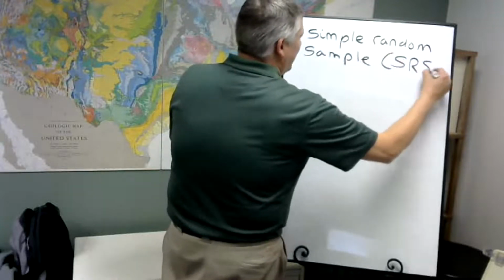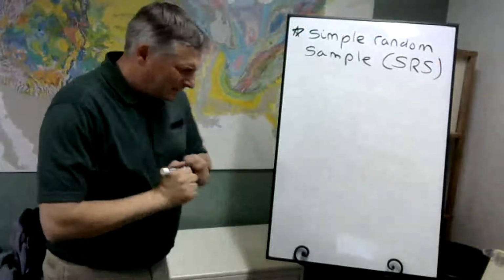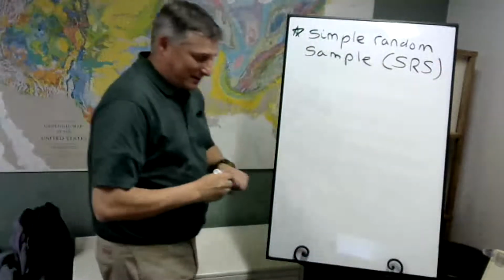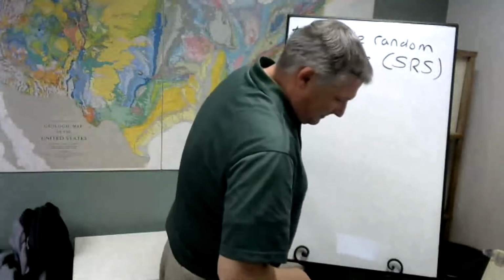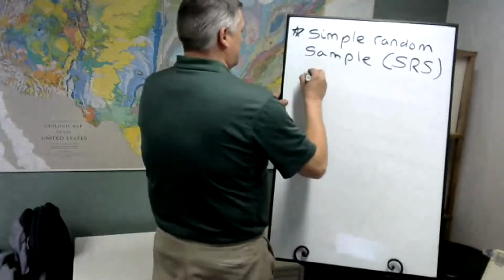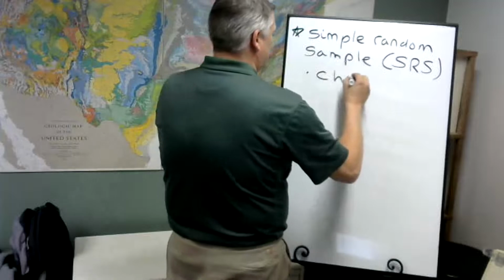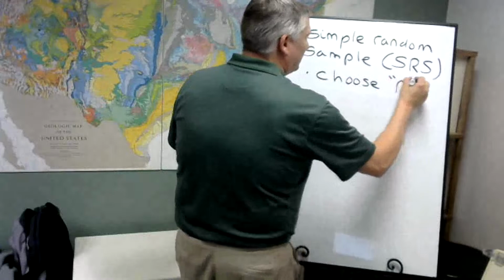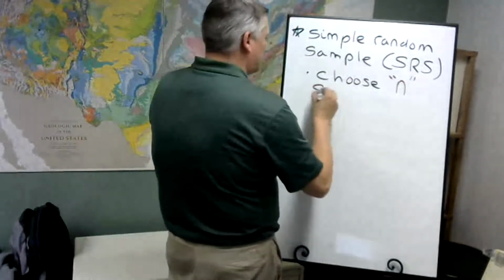It's abbreviated SRS. And the simple random sample works like this. You choose n, some whole number n, subjects.